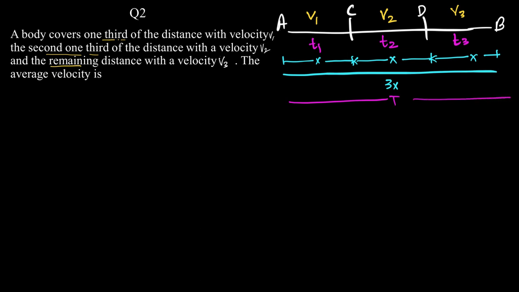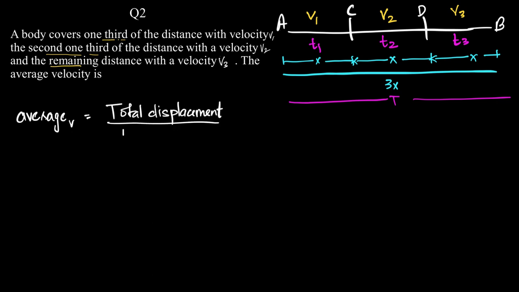Now let's write down what average velocity is equal to. We know that average velocity is equal to the total displacement upon the total time. Now what is the total displacement?